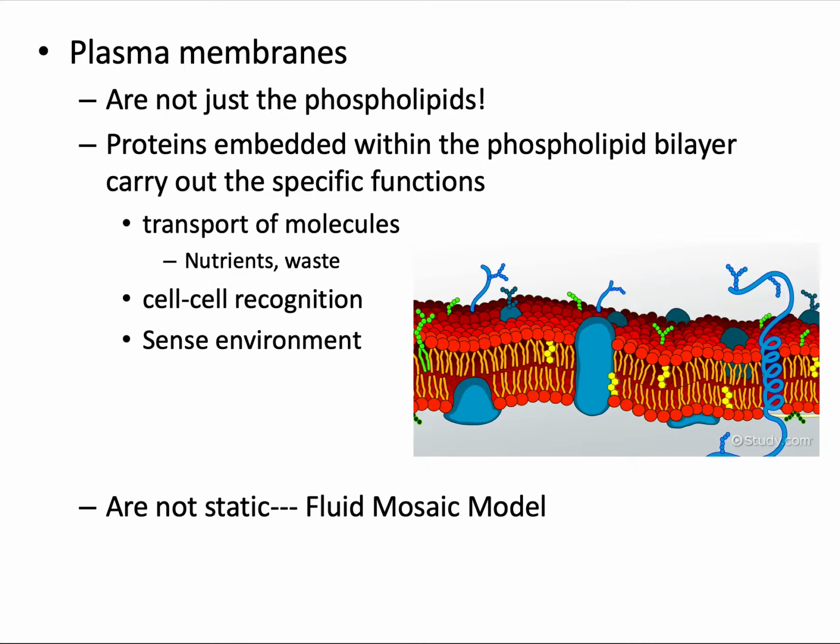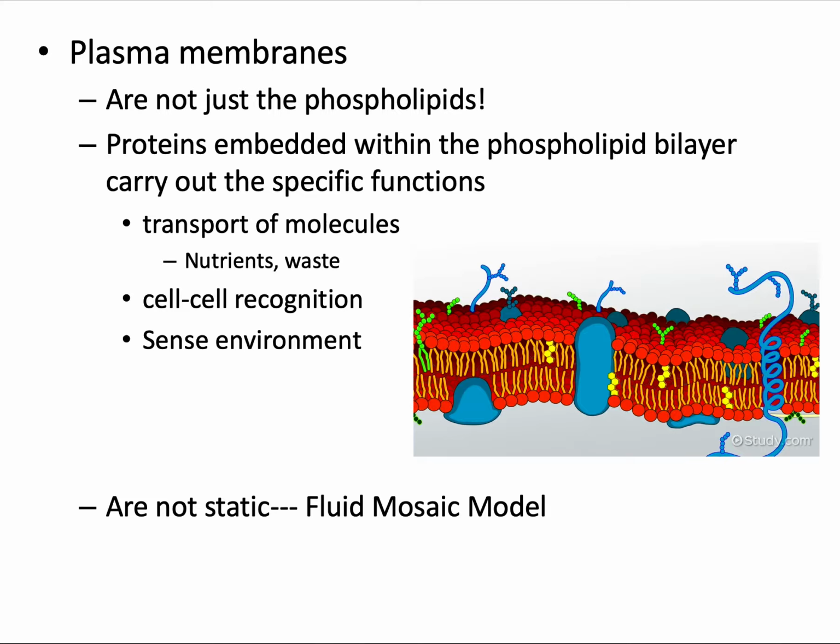These proteins may be peripheral proteins that are just on the surface of the cell membrane, or they may be integral proteins that are embedded in the plasma membrane and found all the way across, from the outside to the inside, and they play very critical roles.